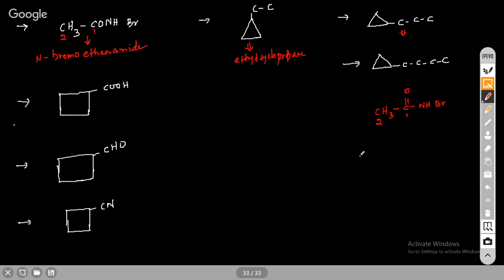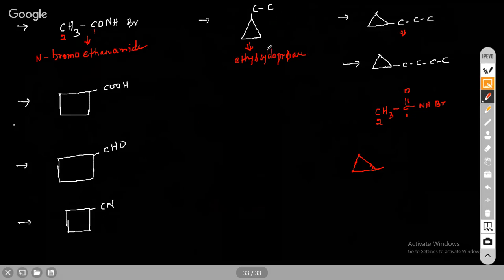The rule is: if the ring has any carbon chain attached to it, you can take either the ring as the primary chain or this carbon chain as the primary chain.